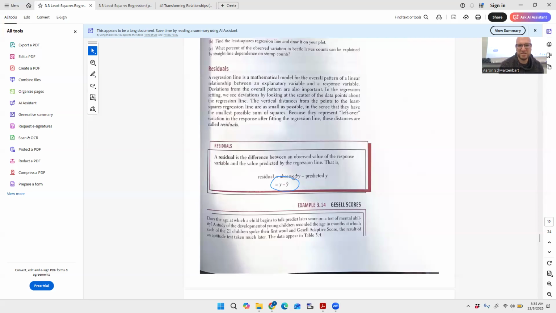Okay? So it's observed y minus y hat for each value. Each value has a residual. So each x that has an actual value also has a residual.